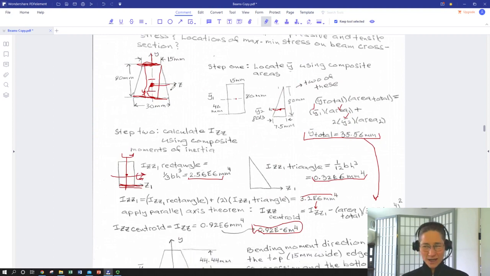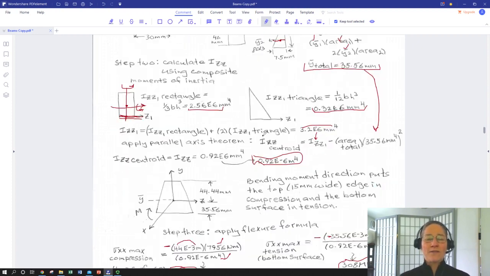If you want to limit max tensile stress, do you want to orient it such that the broad end is on the bottom or the broad end is on the top? If you are designing a beam that limits tensile stresses, you're going to want to put that broad end on the bottom, because in the absence of stretching and compressing, just flexion, your neutral axis is your centroid. Your centroid is closer to your max tensile surface.